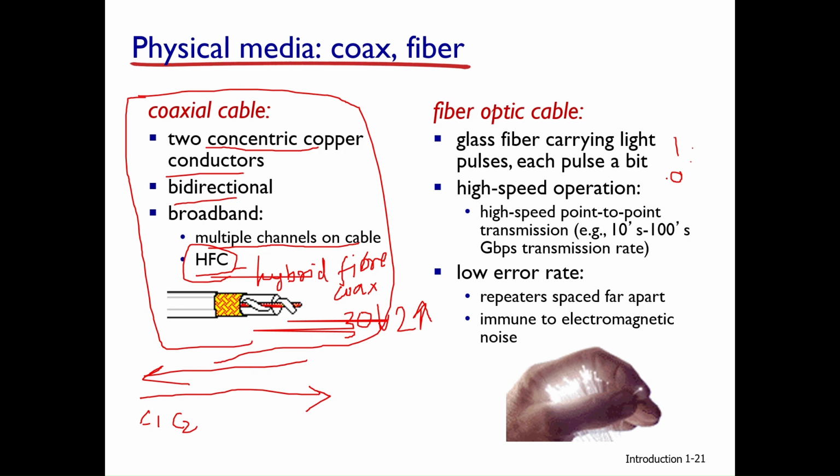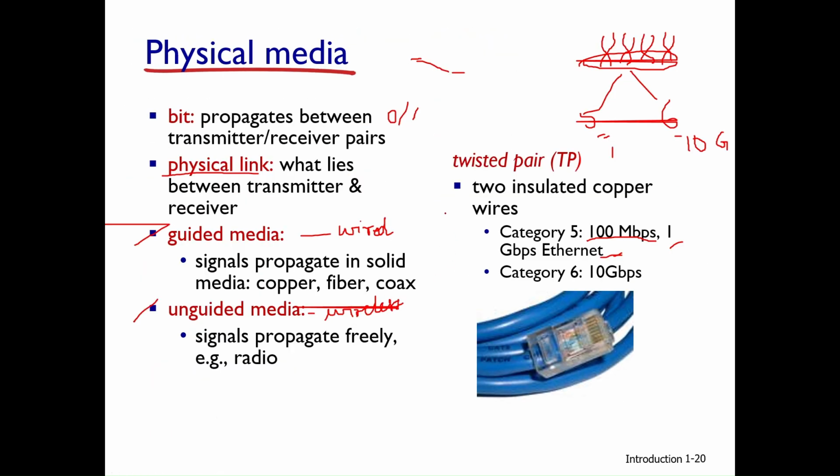High speed operation. The data could be transmitted at the speed of light because it travels as light. High speed point-to-point transmission, tens and hundreds of gigabits per second. Whereas in twisted pair cable, the maximum is 10 gigabits per second.